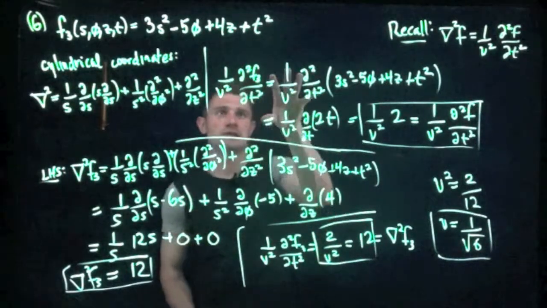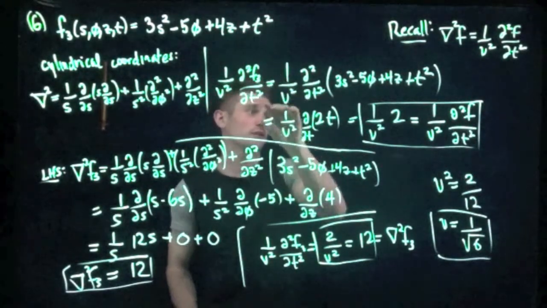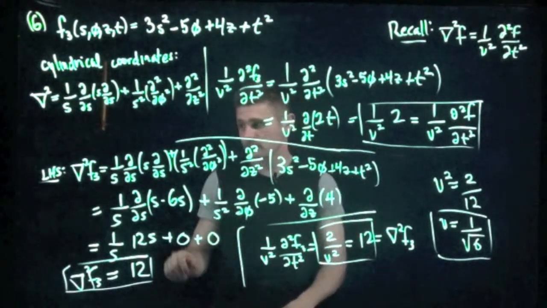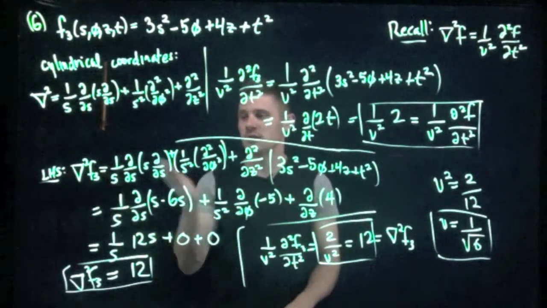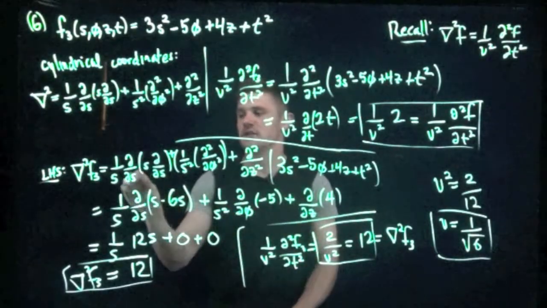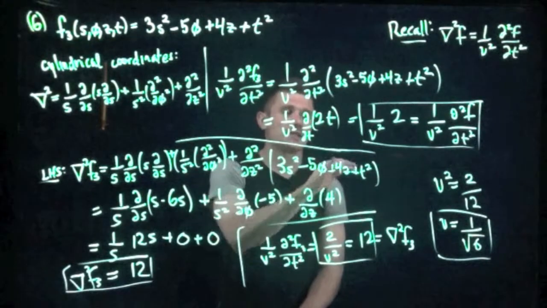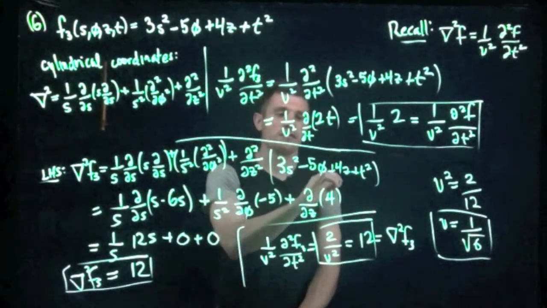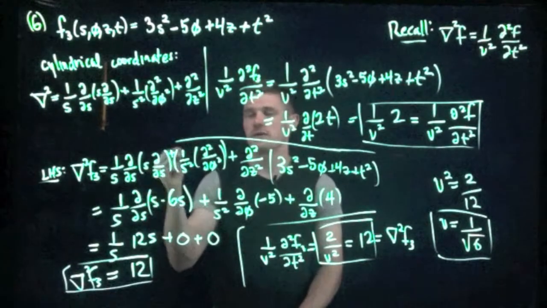And then we do the left-hand side and the right-hand side. For the right-hand side, we did the second time derivative here and ended up obtaining 2 over v squared as our solution. And then when we did the left-hand side, we had this big gross Laplacian derivative. But if you work through and recognize that each derivative essentially cancels out the variables that aren't dependent on that derivative, in this case we would get rid of the φ, the z, and the t when we take the derivative with respect to s.